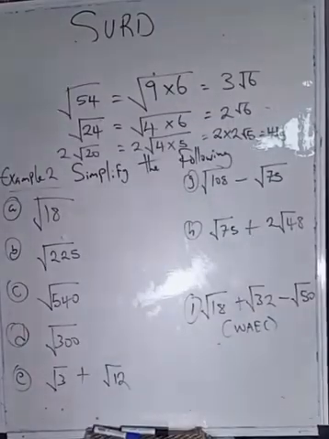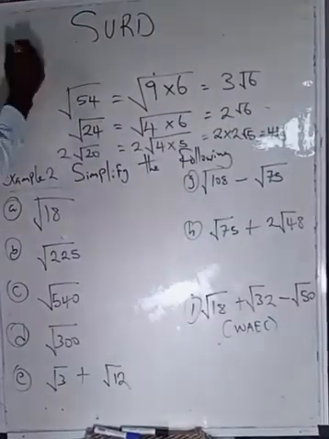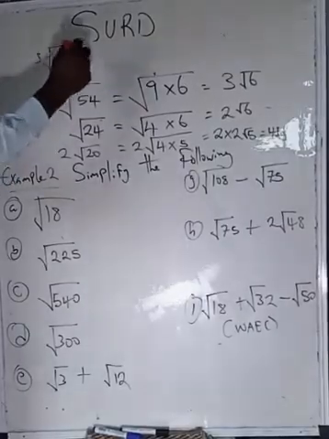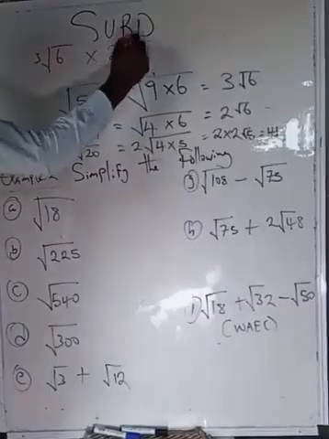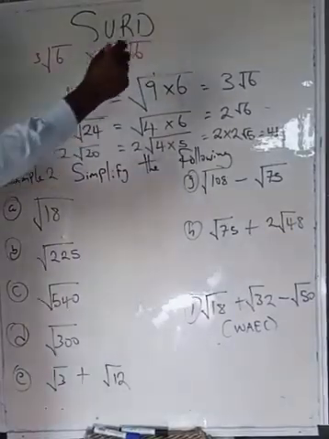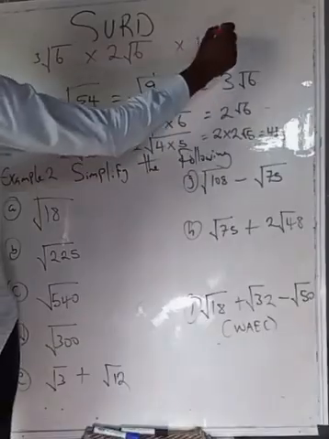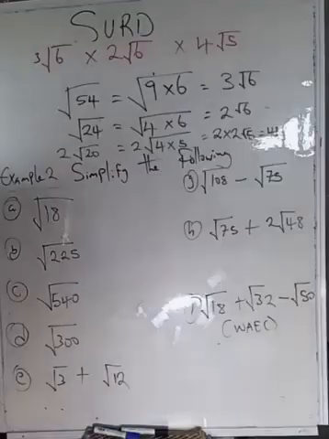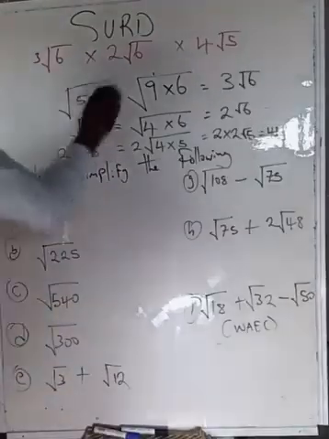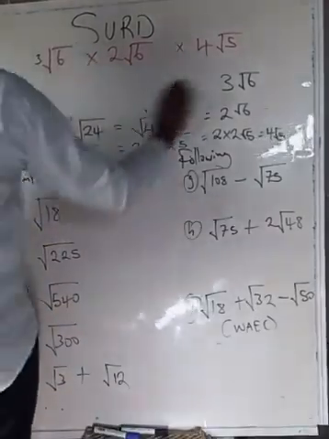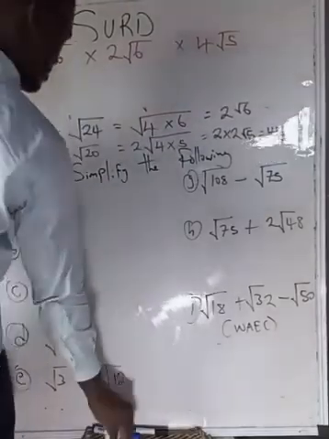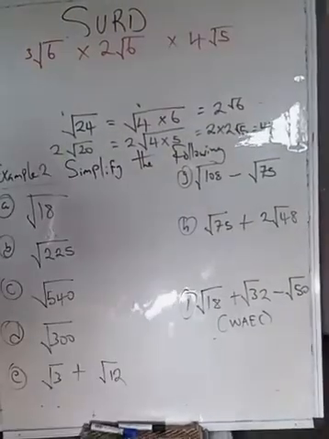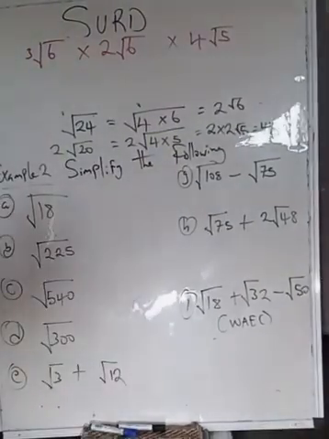So this will be equal to 3 root 6 times 2 root 6 times 4 root 5. All right. So the next step will simplify.